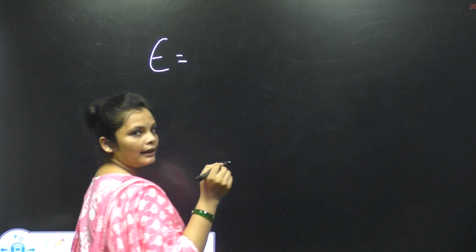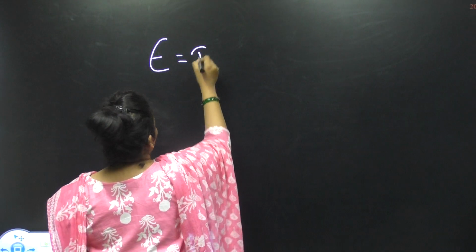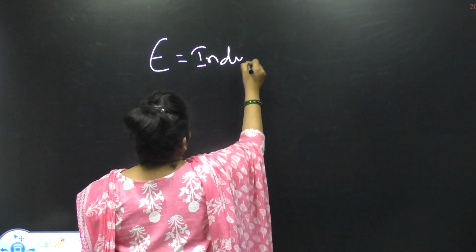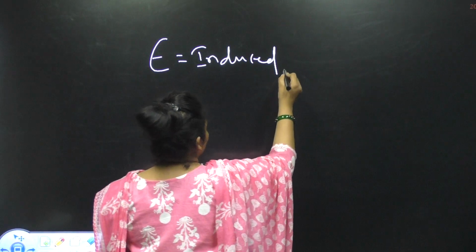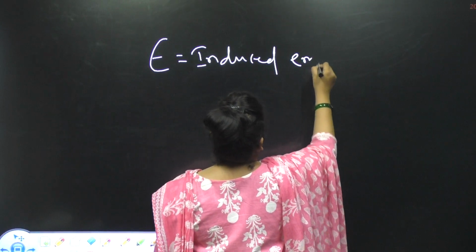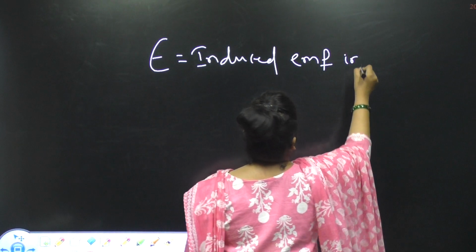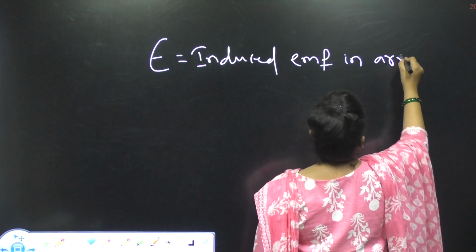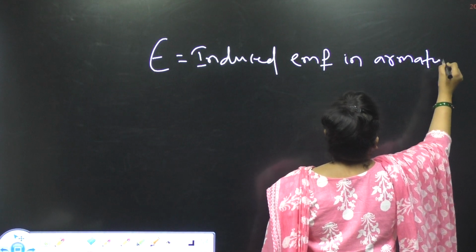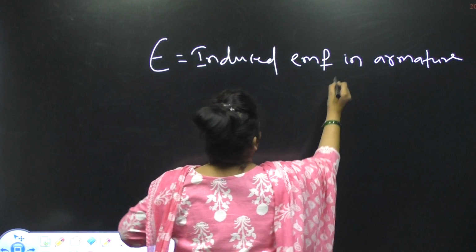E is denoted as the induced EMF in armature conductor.